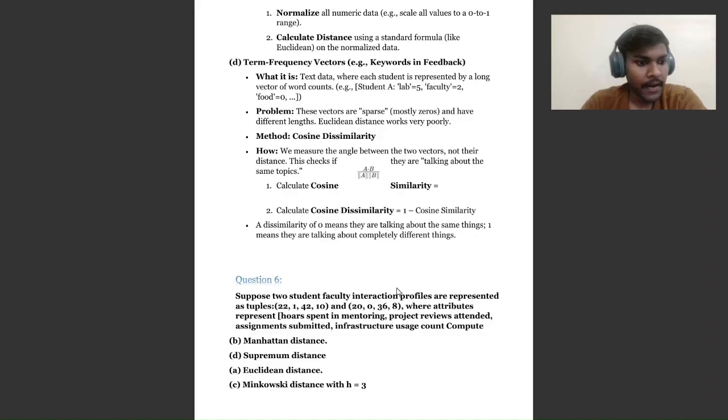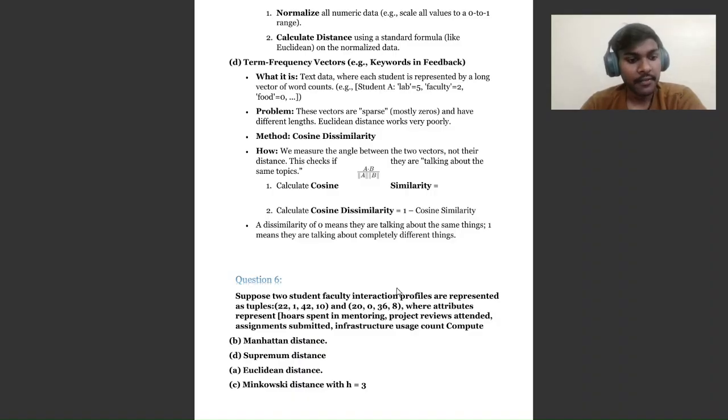So the third one we have done. Now coming up on the fourth, which is term frequency vectors. These come from the text feedback where each student is represented by the count of keywords. Because such vectors are sparse and high dimensional, Euclidean distance performs poorly.